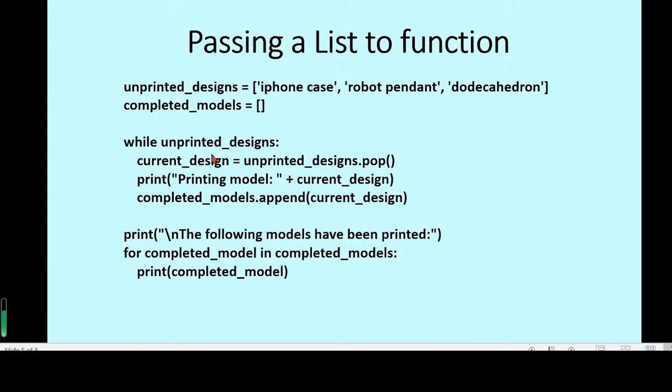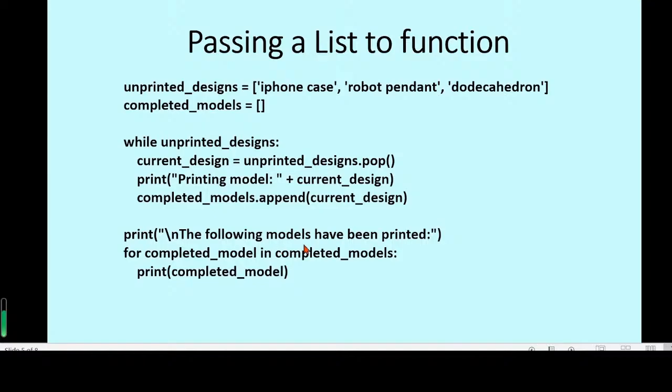So the while loop runs until unprinted designs is empty, because we pop each element out. Then the while loop is finished and all items have been moved from unprinted designs to completed models.